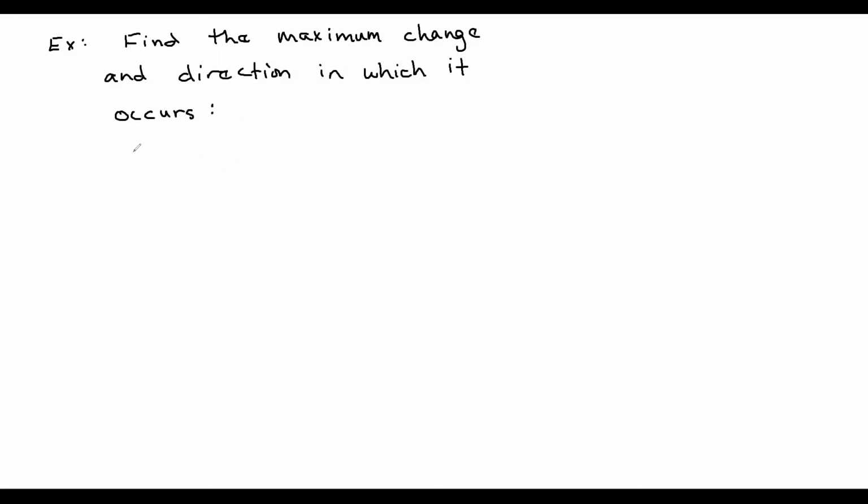We've got f of x comma y, our surface, and it's 3x squared y plus 2y squared. And we've got a point, 1, 2. To stick with our analogy, here's our function that defines the hillside, and here's the point that you're standing on the hillside. You're being asked, what's the steepest slope that you could get if you calculated all of them at that point? What's the maximum change?